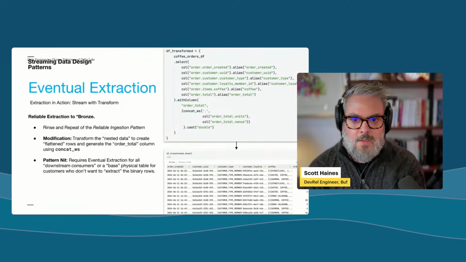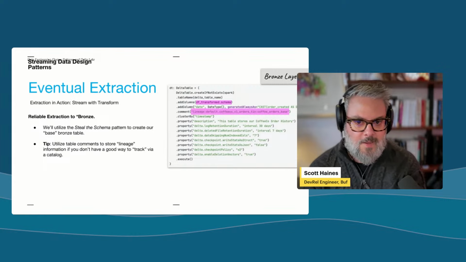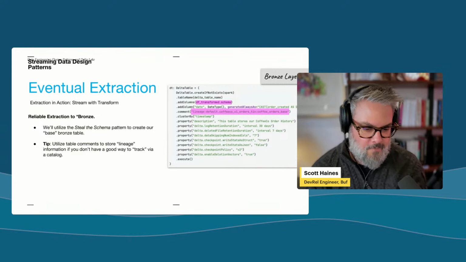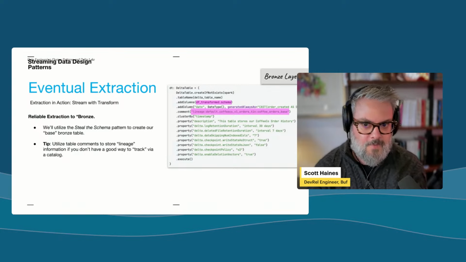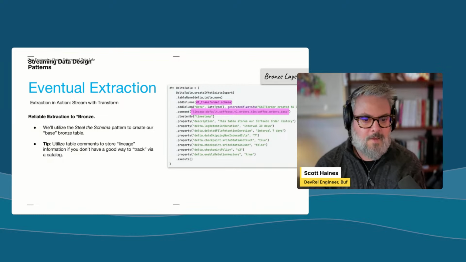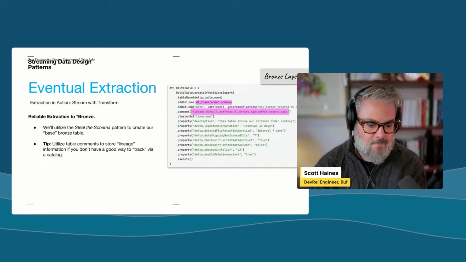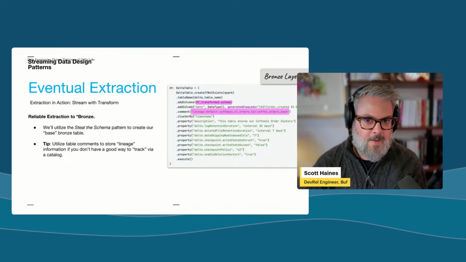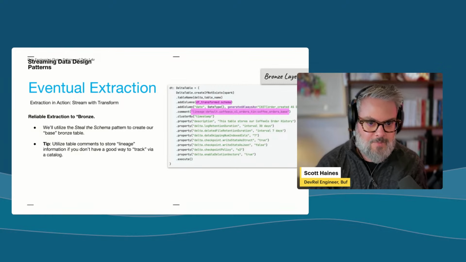Okay, so we got that. Same thing again: if we have a transformed schema and we want to ensure that it's always our table schema, we set the schema again. The other nice thing here is that as long as we continue to say overwrite schema false, merge schema false, we're very specific about the way the schema of the table changes.